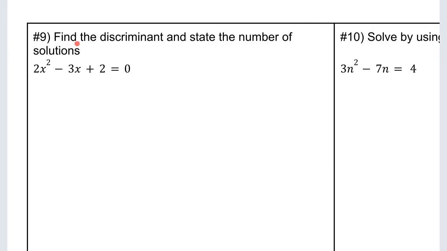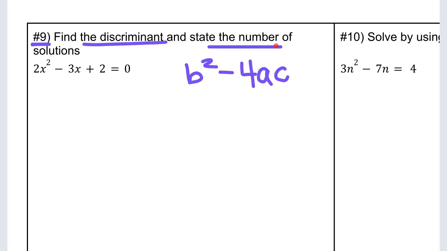Number 9, we have finding the discriminant. Keep in mind the formula to do that would be b squared minus 4ac. State the number of solutions.